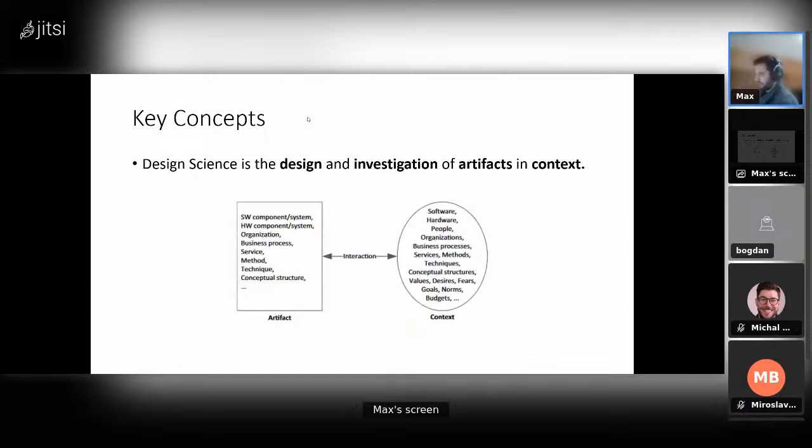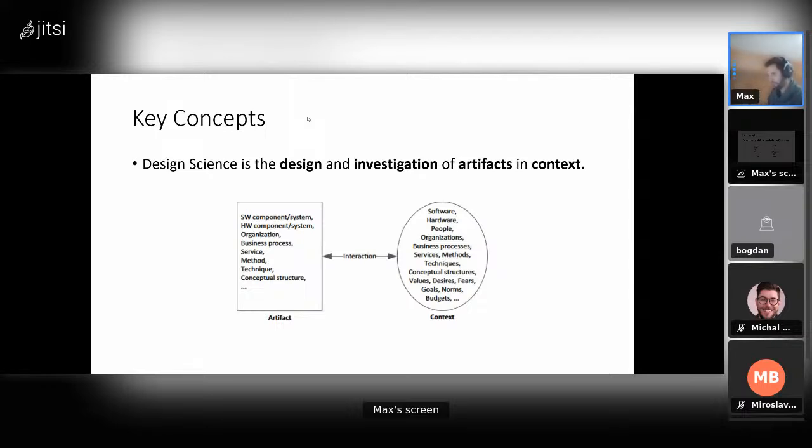An artifact can be many things. It could be a software component, system, hardware, organization, business process, service, method, and so on. And the context can also be many things. They can sometimes be the exact same thing, so you also have software, hardware, organization, business processes.